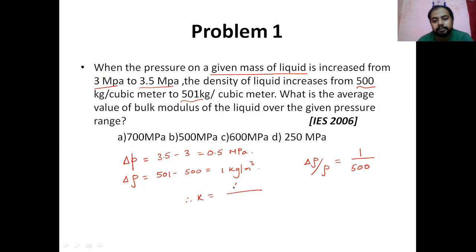Just apply the formula here: del P by del rho by rho, so 0.5 megapascal divided by 1 by 500. So your answer becomes this way. A very simple question comes in IS. This kind of question is what they will mostly ask you regarding the bulk modulus topic.